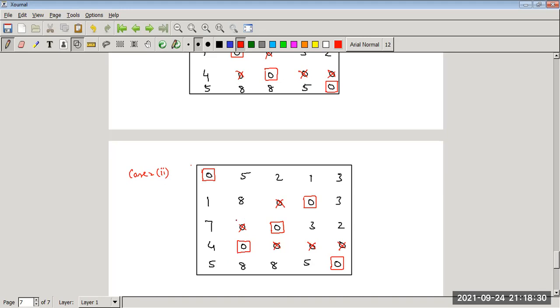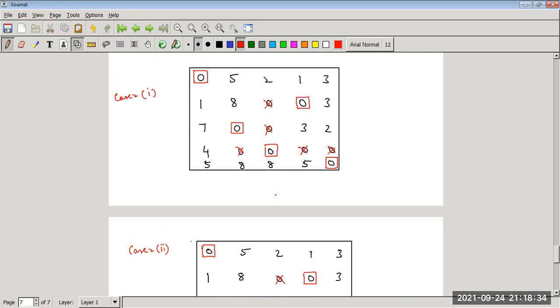So these are the possible assignments in 2 1 and 2 2. In the first case and in the second case, the number of assignments is equal to 5, which is equal to the order of the matrix. So we have completed, because now we have assigned first, second, third, fourth, fifth.